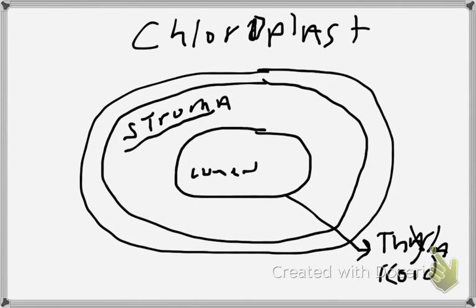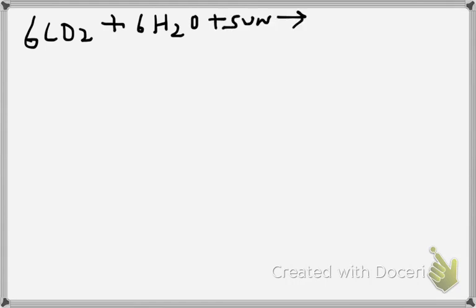So it turns out that the reaction that I showed you earlier, 6 carbon dioxide plus 6 water plus sunlight, giving you glucose plus 6 oxygen, that is the whole photosynthetic reaction.